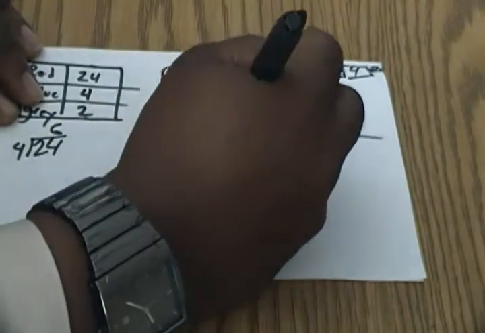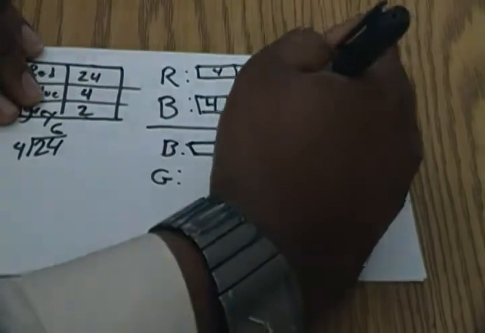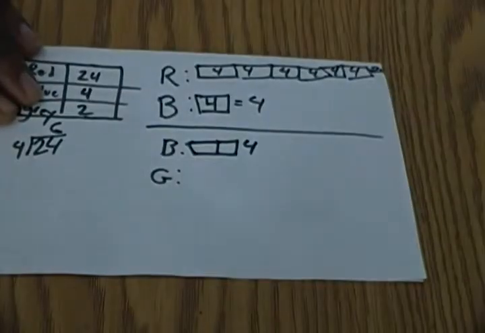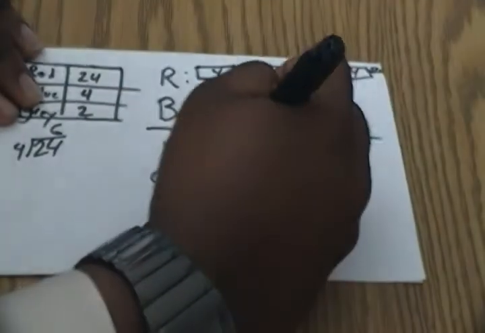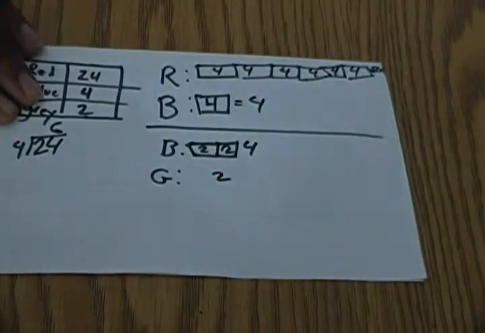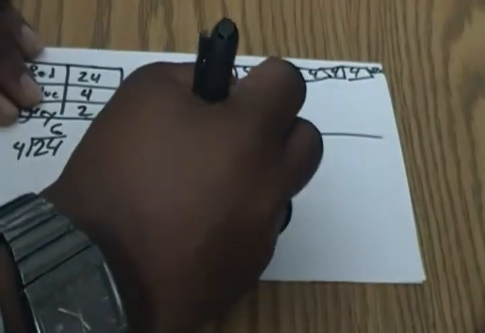So we're going to make 2 boxes here. And we know this must equal 4, so what should go in the boxes is 2, because 2 plus 2 equals 4. We know only 2 people like gray, so that tells us only 1 box needs to be made for gray.